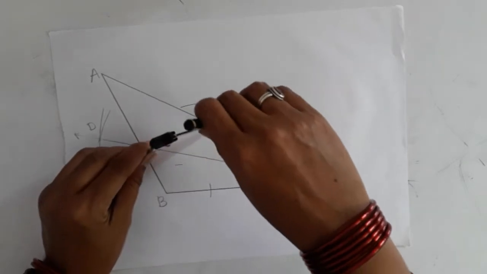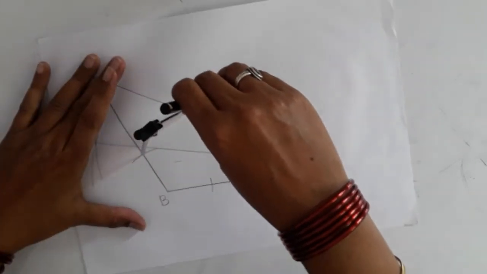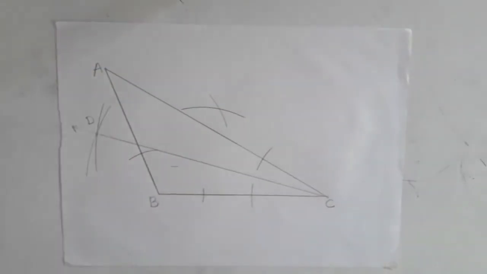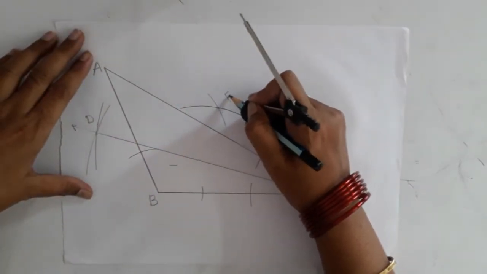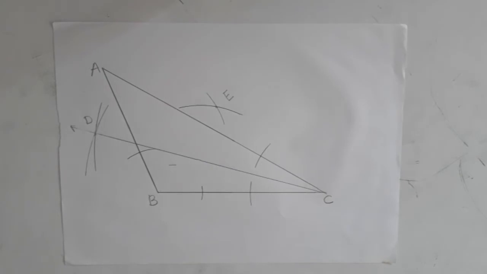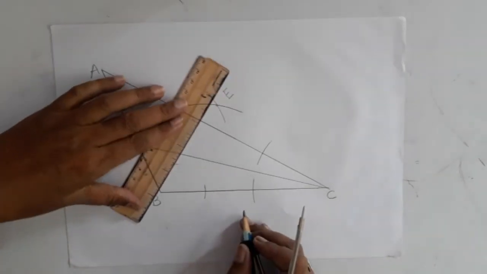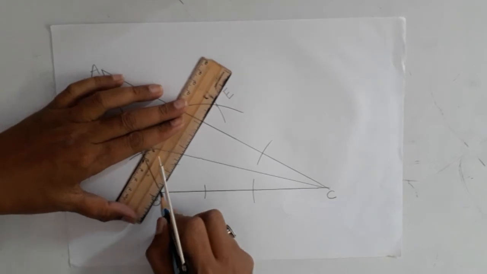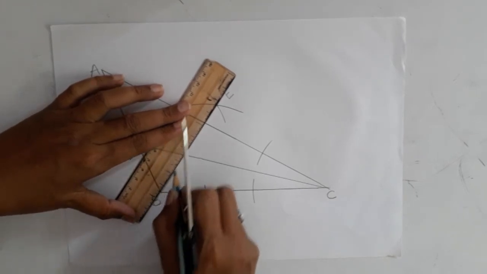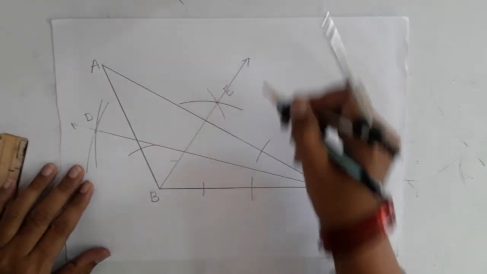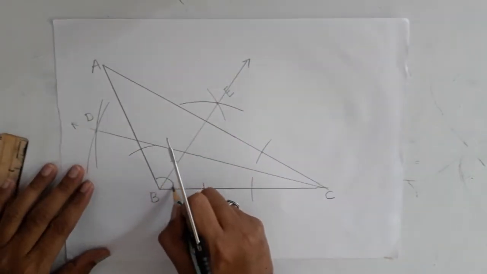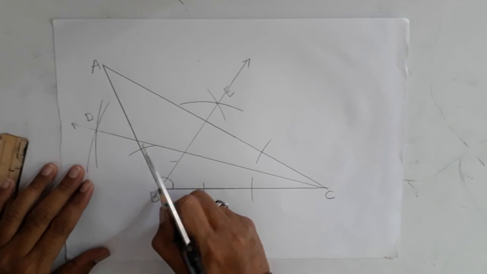Okay, see. Then join this point. We can say this is E. This point is E. Join E and B. Then we get an angle bisector of angle B.